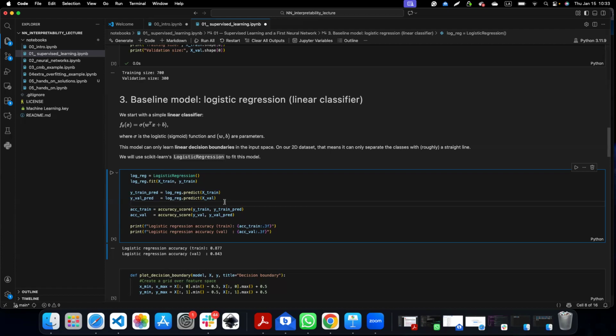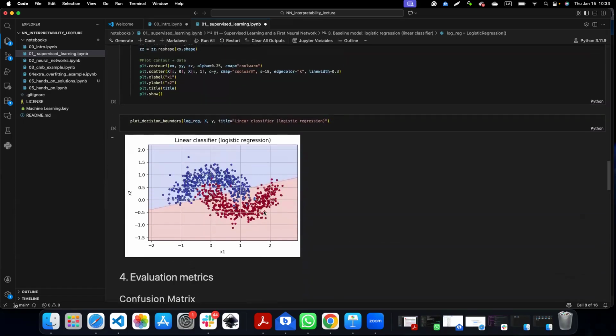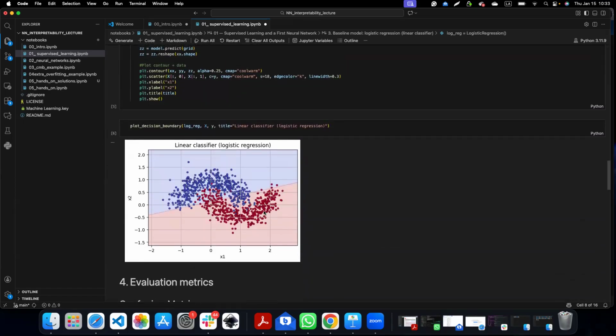This is actually a question that I also have. But the idea is that we say linear classifier because the logistic regression is going to be able only to draw a frontier that is linear. You need more neurons to get the curves, let's say. We need more activation functions.